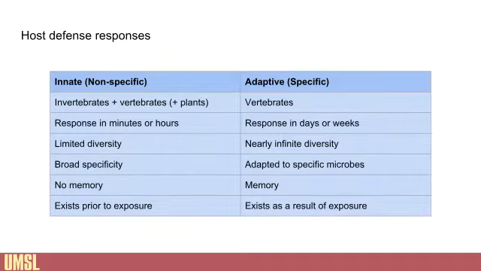Importantly, there's not really what we call memory. So if these toll-like receptors see Staph aureus versus seeing E. coli, they're not really going to say, man, I saw Staph aureus, and now I'm specifically equipped to deal with Staph aureus in the future. And it importantly also exists prior to exposure.